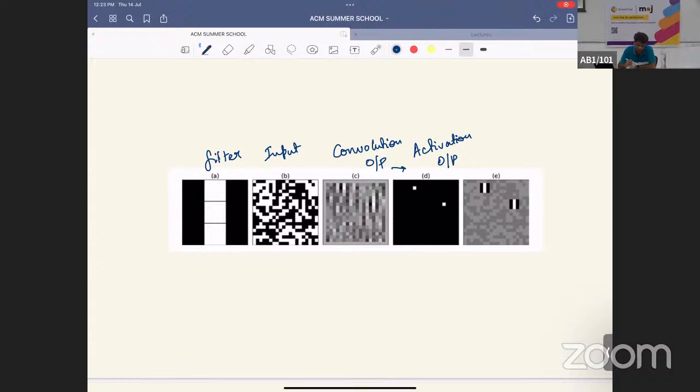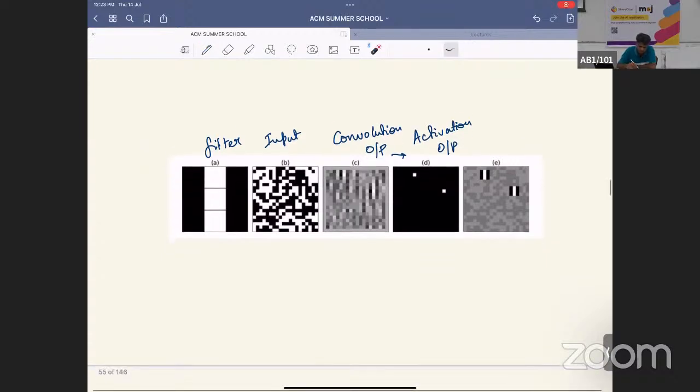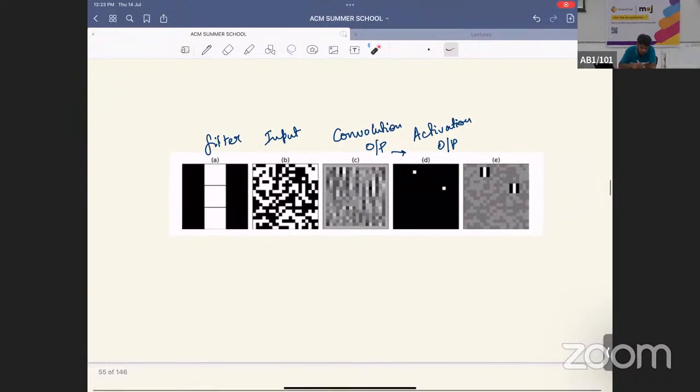So what has happened here? This filter gave a high response wherever the pattern in the original image matched the filter. The inner product will be maximum at those places where the filter kernel or the weight matrix matches the particular pattern.